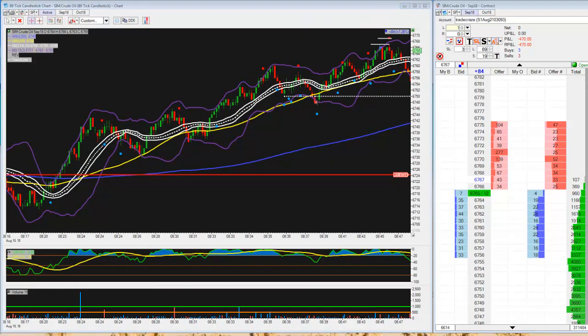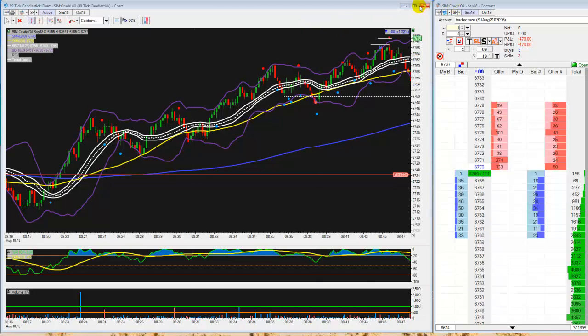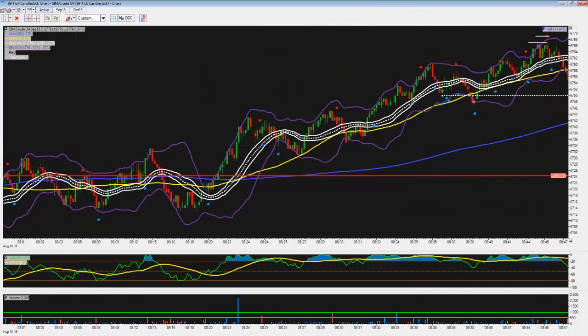Oops, let me just blow this up here quickly. So the way I look at this is, this bar prints, and I'm looking for that 1, 2, 3, and this was the first time that the market gave the ability to get in.